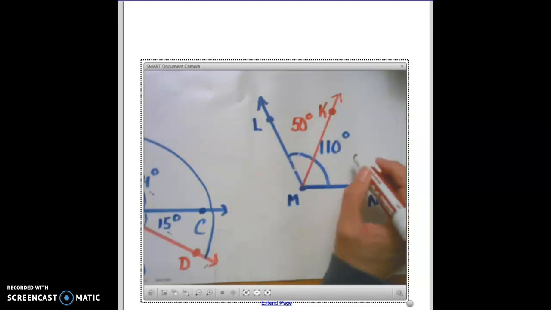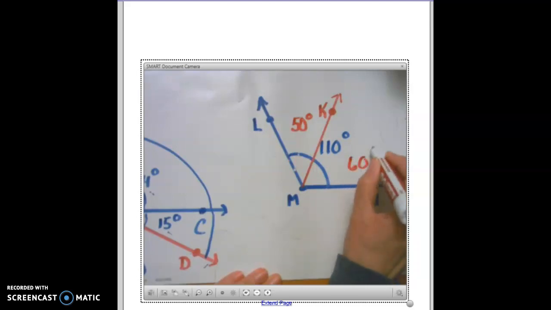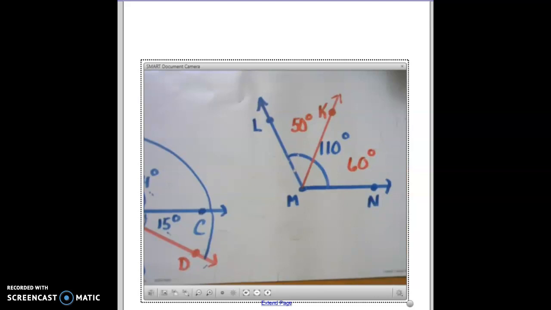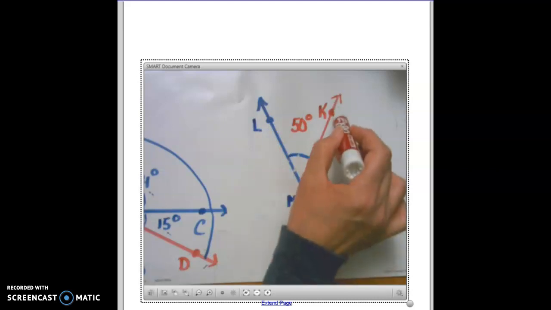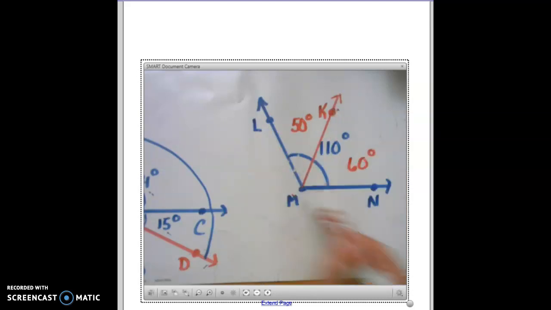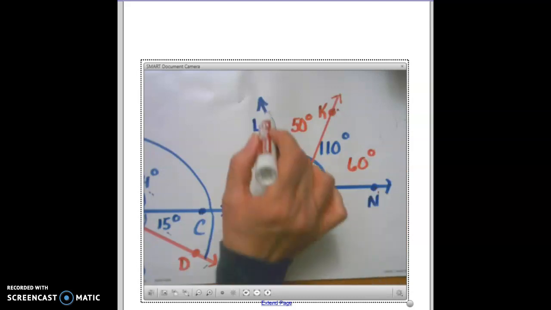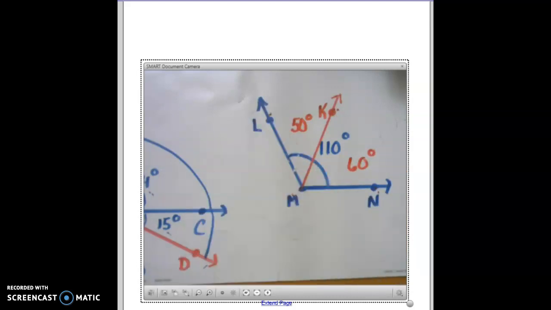So therefore the other part would need to be 60 degrees. So I've composed two angles, making a third angle. Angle LMK, angle KMN, and angle LMN. And I've created composed angles.